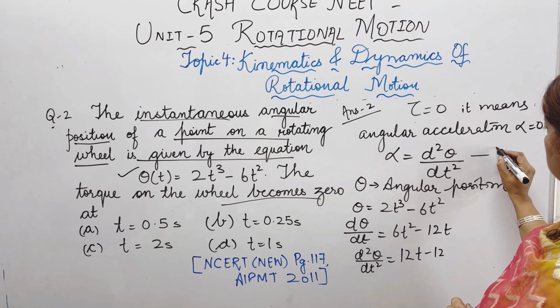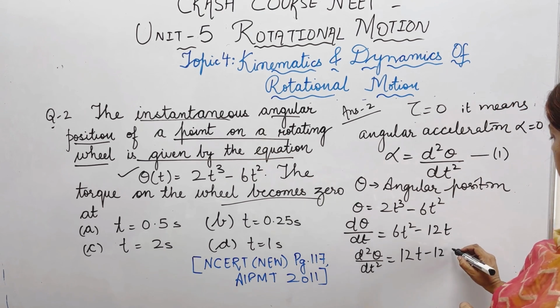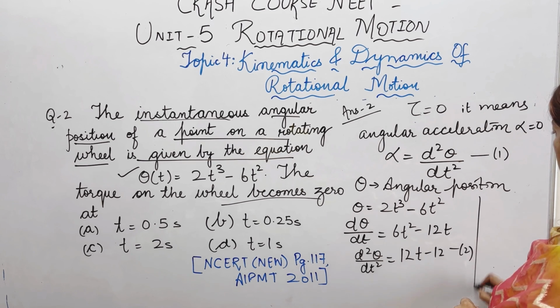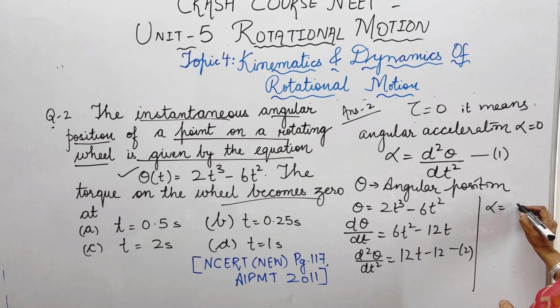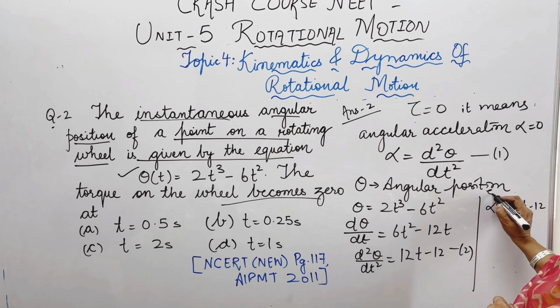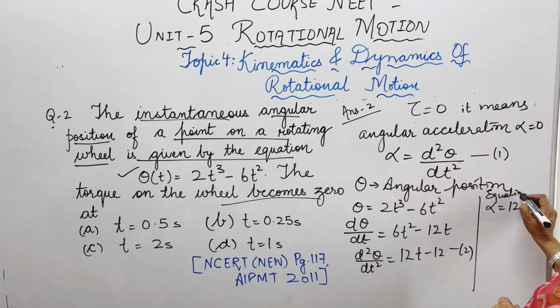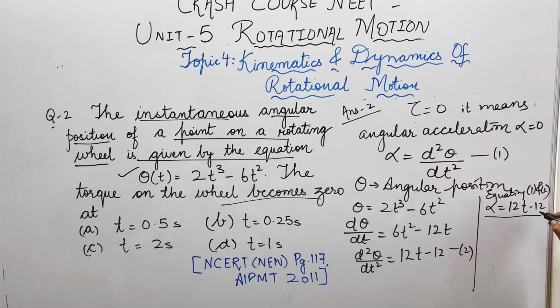Mark the first as equation number 1, this as equation number 2, and we have alpha is equal to 12t minus 12.